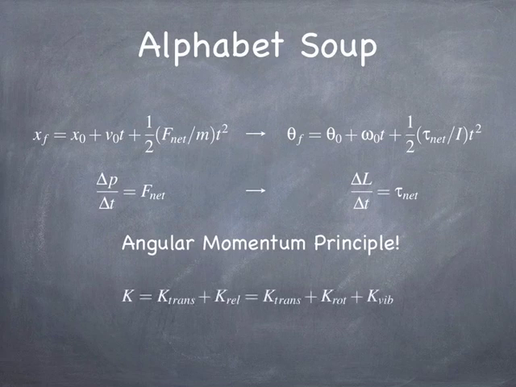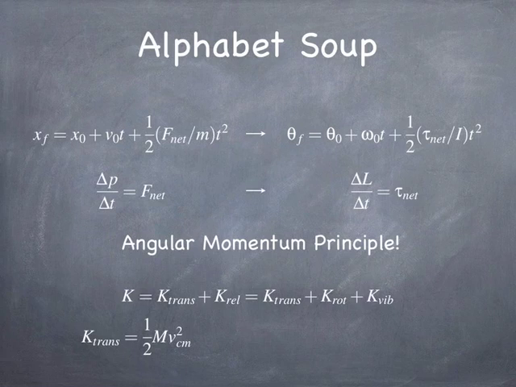Finally, the total kinetic energy of a system is going to be the sum of its translational kinetic energy, its rotational kinetic energy, and its vibrational kinetic energy. We haven't talked a lot about vibrational kinetic energy, but you can imagine that has something to do with the radial component of the velocity of the pieces of the system, whereas the rotational kinetic energy has to do with the angular velocity of the pieces in the system. So that's kind of how it works out.